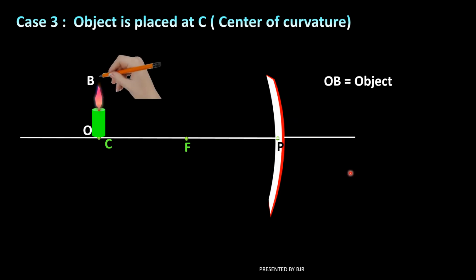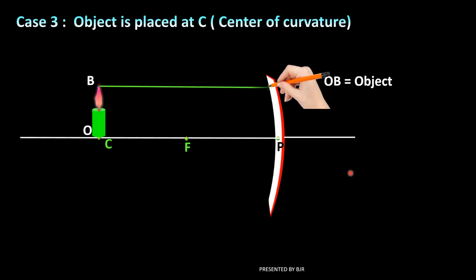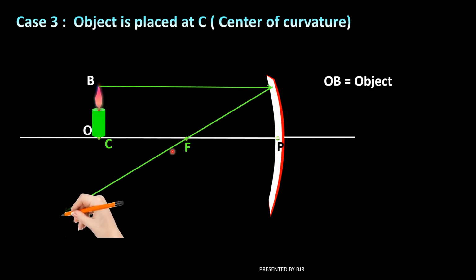Here I am drawing the first ray traveling parallel to the principal axis, falling on the mirror, and the reflected ray will pass through the focal point. Here is the focal point. So this is the first reflected ray. Let us draw the second reflected ray directly from the point B through the center of curvature.